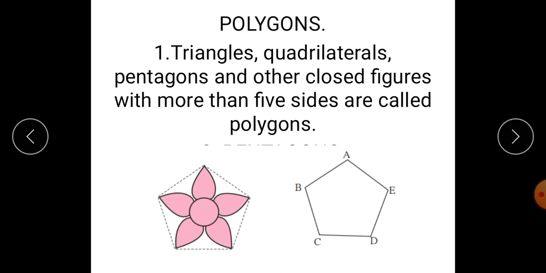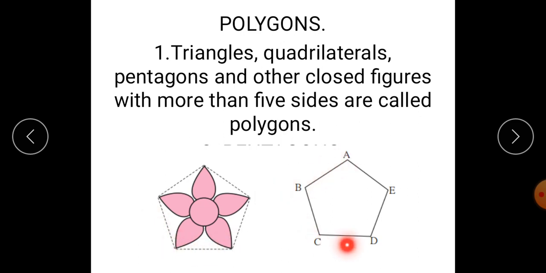The closed figure obtained in this way by joining the 5 points at the tips of these petals with the help of 5 line segments is called a pentagon, and you get a figure like this.